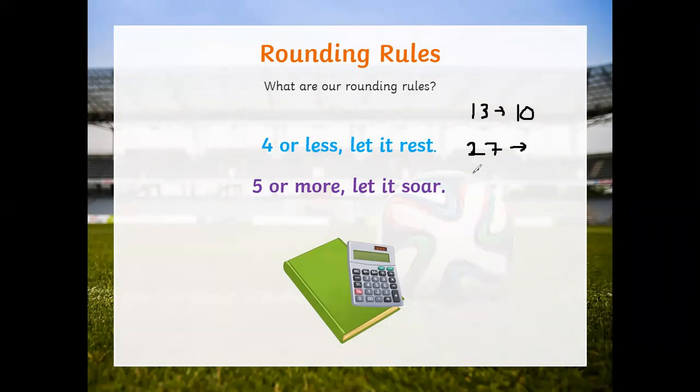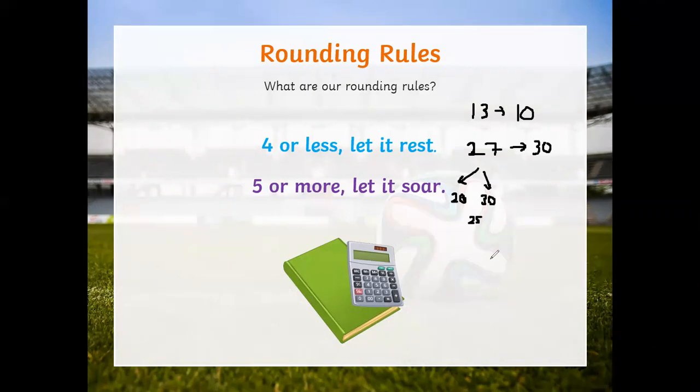So something like 27 can be rounded either down or up to 20 or 30 respectively. But because we want the nearest 10 in this case, it will be rounded up because it's above the halfway point. In between 20 and 30 is 25. So anything 25 or above will be rounded up. So this will go to 30.